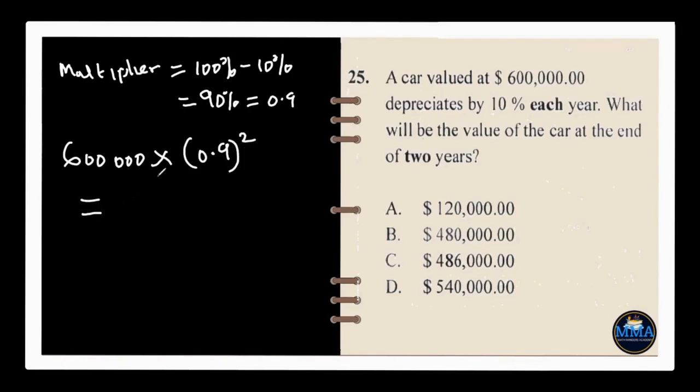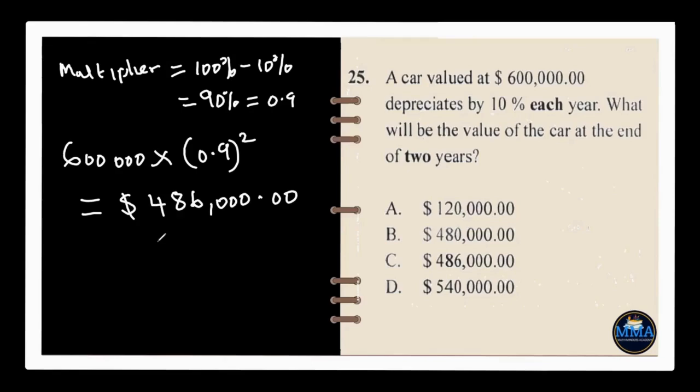And if you do that, that will give you $486,000. So this method is very short. Of course, there is another way. Some students might choose to do it step by step.